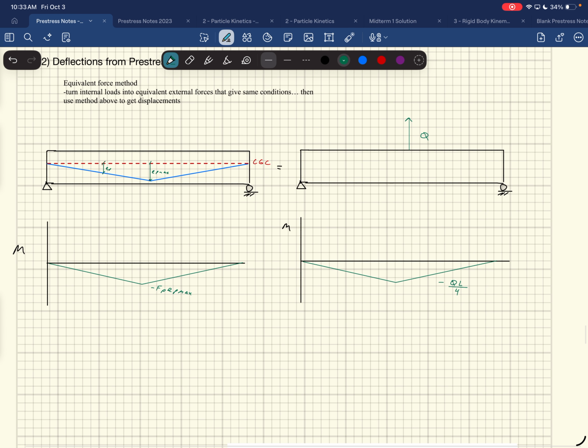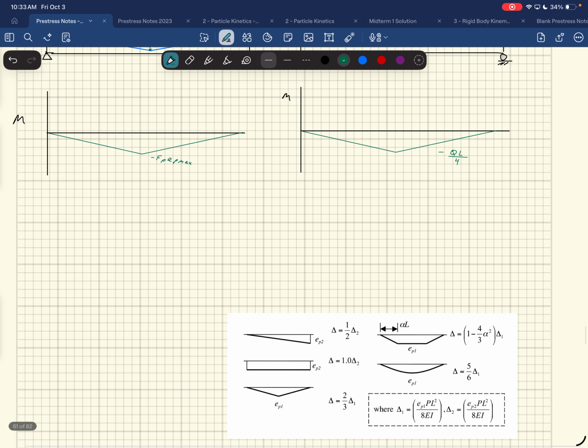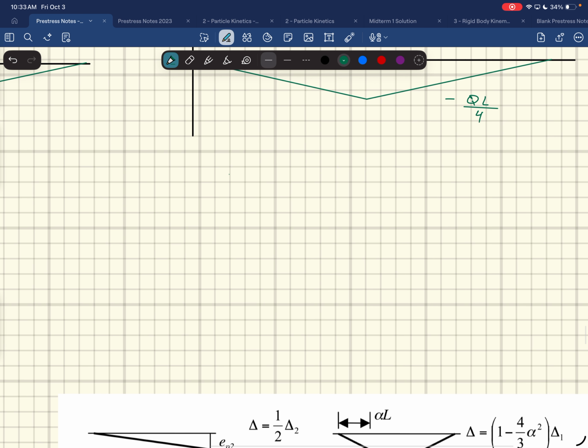Well, I just did it because I wanted to. I think Stanton does it in his notes. I think it's Q for equivalent load. There's probably a P somewhere else. Okay, and so what we do, right? You say QL/4 is equal to F P times e_p max.